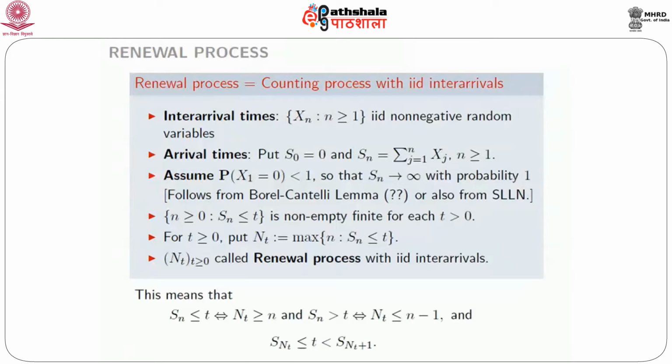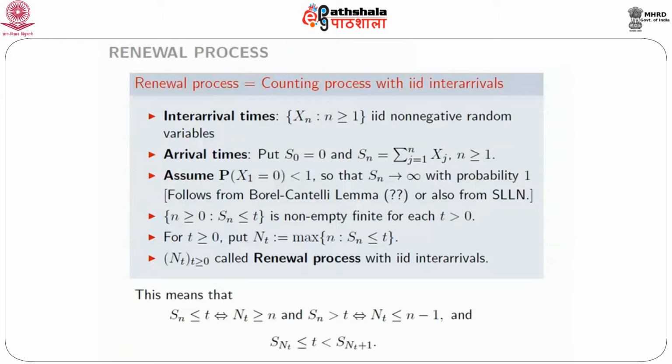Then the series of probabilities that Xn is greater than or equal to epsilon would be the same for every n, because their common distribution is the same, so that series would diverge. That would tell you from the Borel-Cantelli lemma that with probability 1 the Xn's have to be greater than or equal to epsilon infinitely often, and in that case the Sn's, the sums of these, would have to diverge with probability 1.